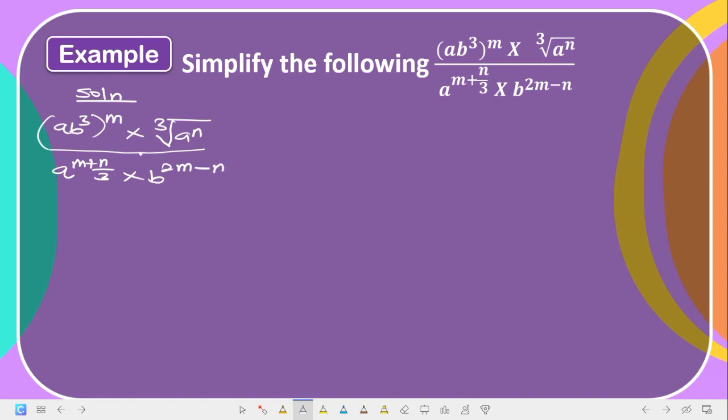Now, when you have anything like this, the first thing is to make sure that all square roots, all powers and all brackets are open, and all roots are expressed in their fractional form or in the best way possible.